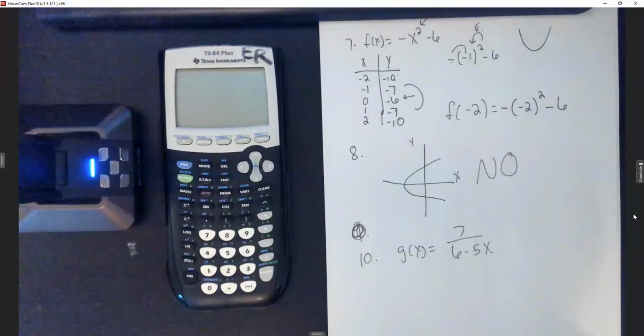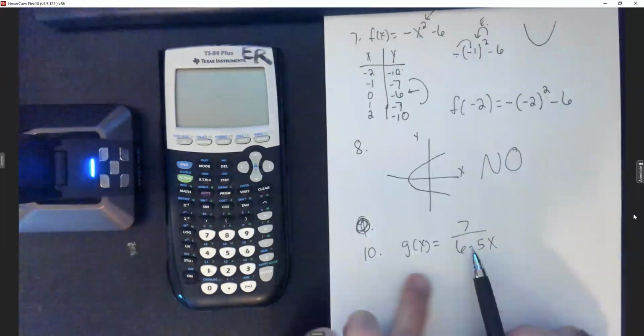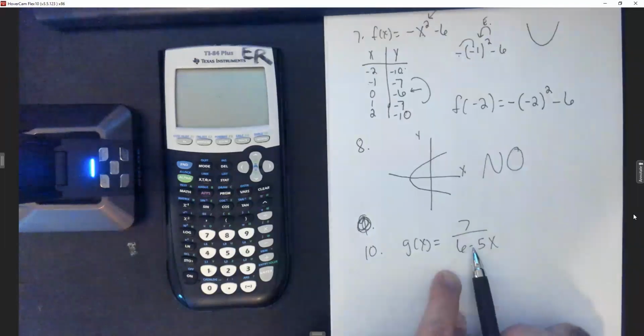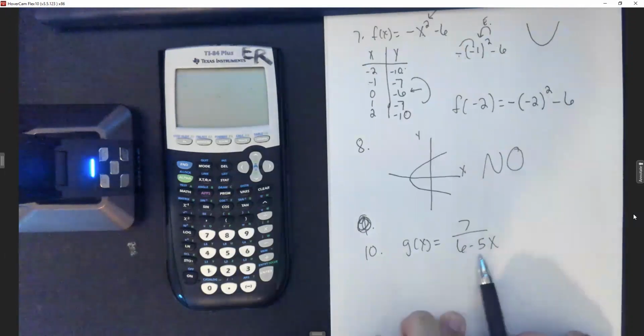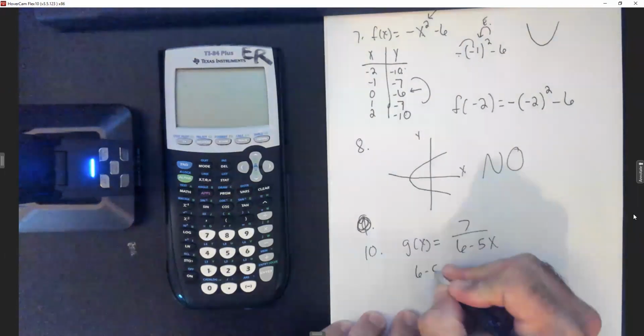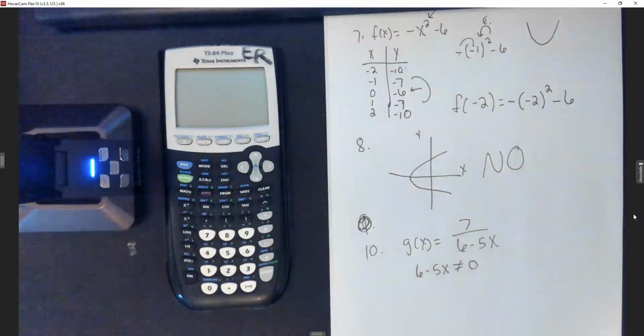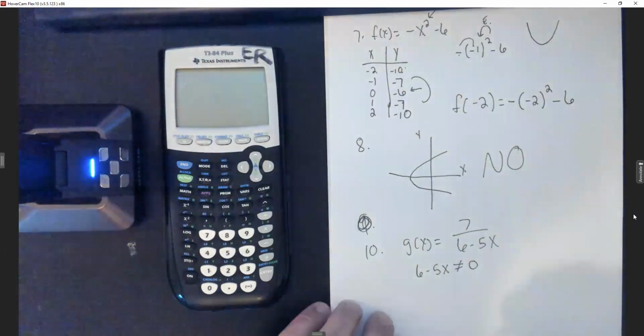Remember, on the domain, there were only 2 things you're worried about, and you have one of them, which is a fraction. So if you're looking for the domain and you have a fraction, you take that bottom, 6 minus 5x, and we say it cannot equal 0. We solve that, and once we solve it, we have the number that we cannot put into that fraction, okay?